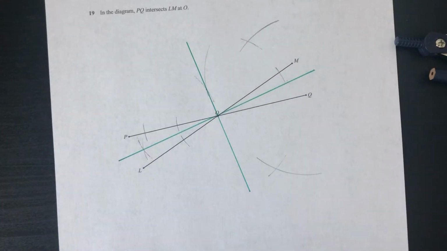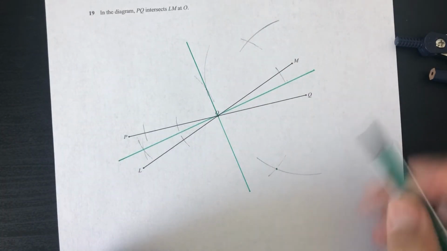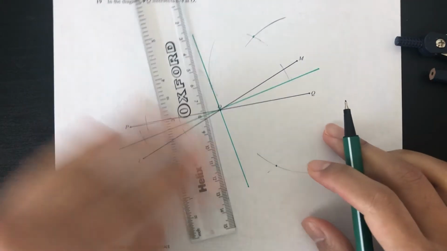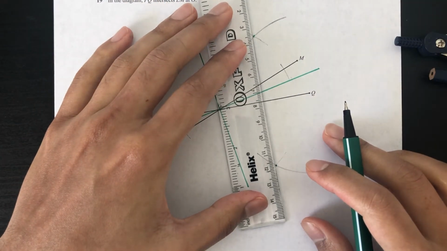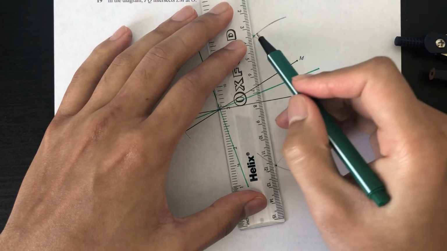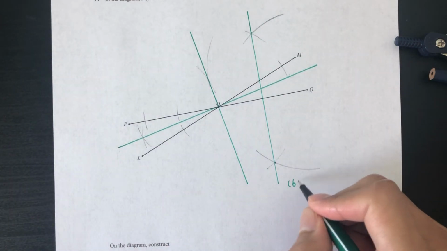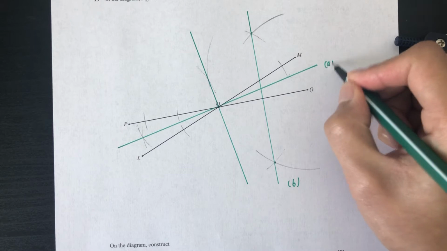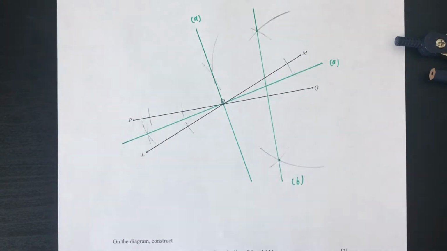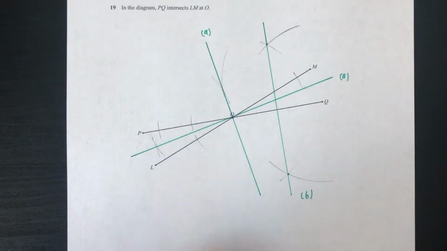So you have two points of intersection, the point here and the point here. We just have to join them to form the bisector of OQ. Okay, so that will be your answer for part B. This is your answer for part A and B. Okay, that was number 19.